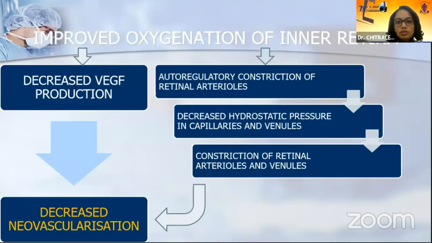The improved oxygenation of the inner retina, of course, causes decreased VEGF production and resultant decrease in neovascularization. It simultaneously also causes autoregulatory constriction of retinal arterioles, decreased hydrostatic pressure in capillaries and venules, and constriction of retinal arterioles and venules. This reduces growth factor production and again causes decreased neovascularization.